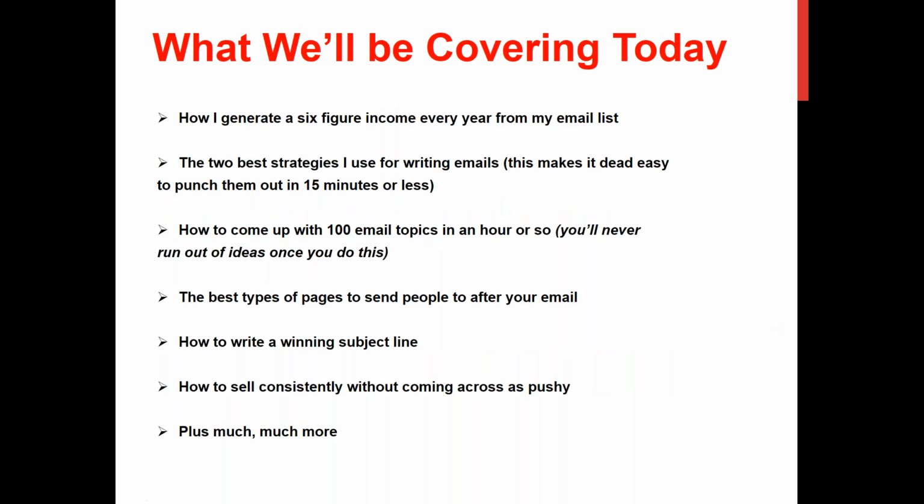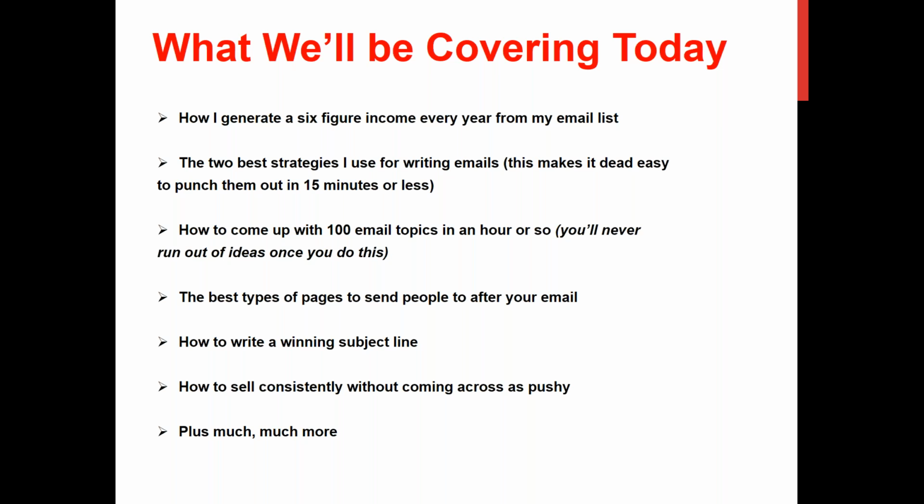What we'll be covering today: how I generate a six-figure income every year from my email list, and the two best strategies I use for writing emails, which make it dead easy to punch them out in 15 minutes or less in many cases. Also how to come up with 100 email topics in an hour or so. This technique means you never run out of ideas, because one of the biggest things that slows down your email writing is sitting there going, what the heck am I going to write about?